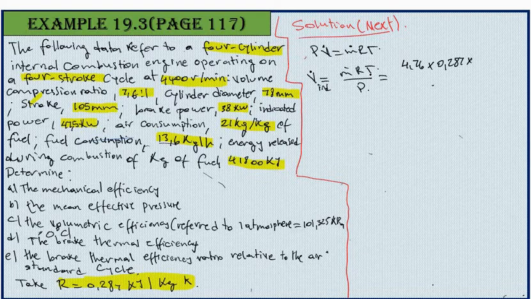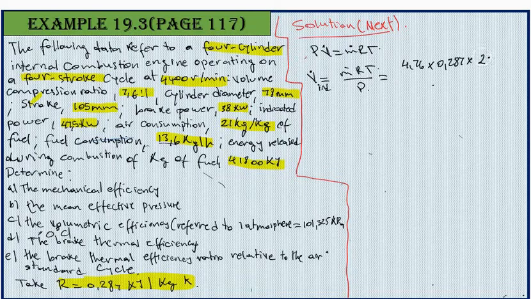And then I have the temperature, because I've explained in the previous slide that the volumetric efficiency was said to be calculated at this pressure and this temperature here. So the pressure is 1 atmosphere, which is equal to 101.325 kilopascal, and the temperature is 0 degrees Celsius. Since we are working with Kelvin, we need to convert that 0 degrees Celsius into Kelvin.